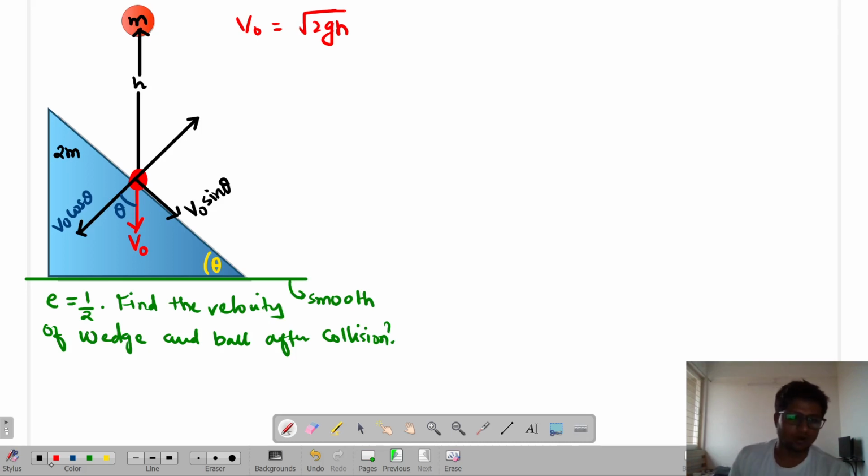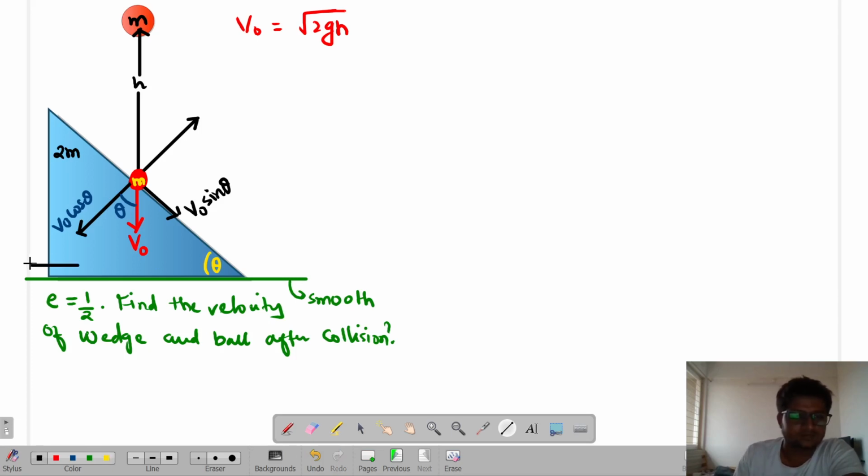But that is for the ball, which is of mass m. What about 2m? Initially at rest, but after collision, the 2m will start moving towards which direction?